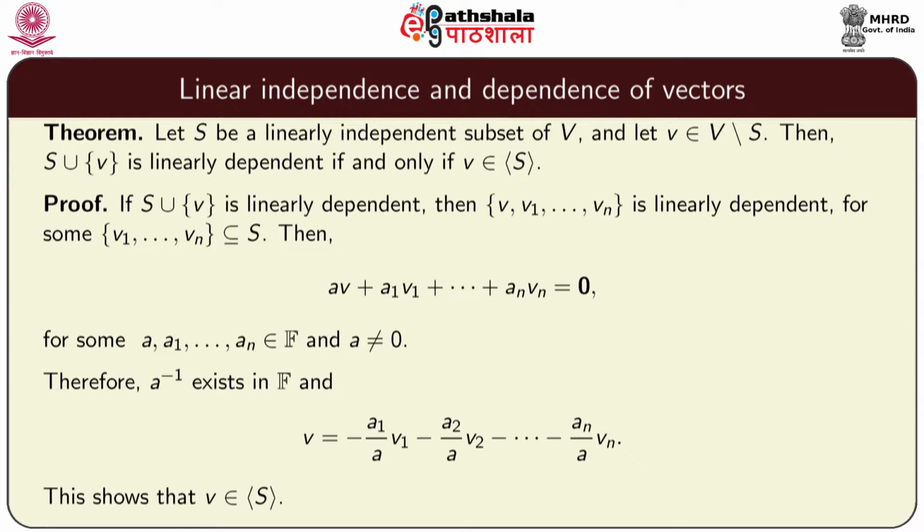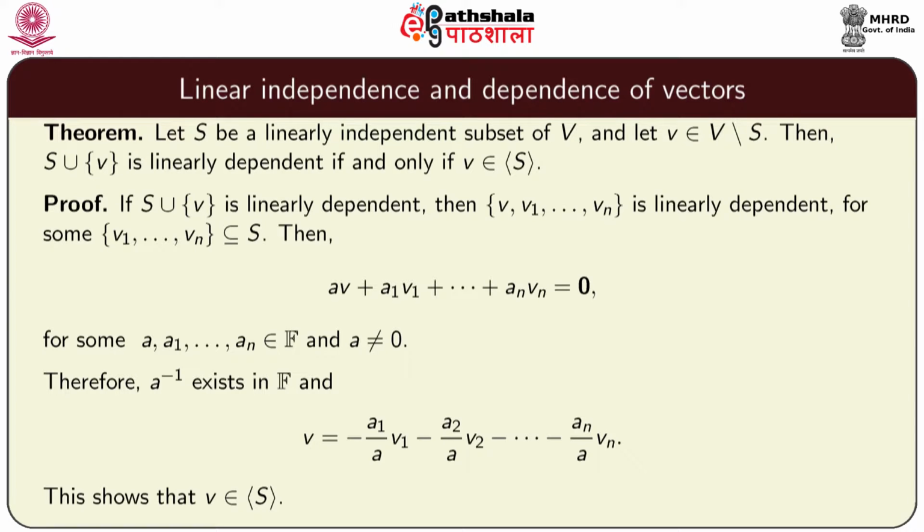Why is that so? Because if a is 0, then we would have a1 v1 etc. up to an vn equal to 0, but v1, v2, vn is a subset of S, and S is linearly independent.